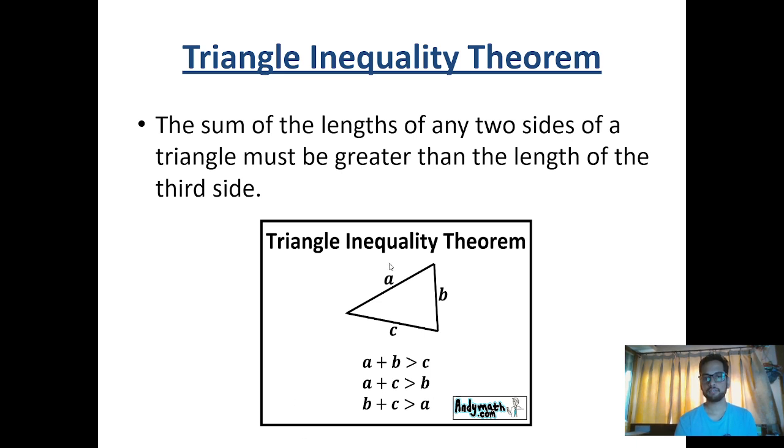Means, if we take A plus B, it will always be greater than the third side. Take any triangle. If we take side A plus side C, it will always be greater than side B. Similarly in the third case.